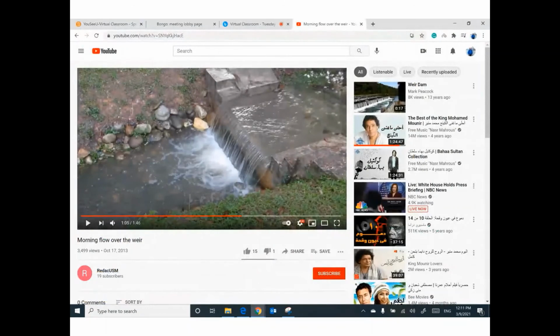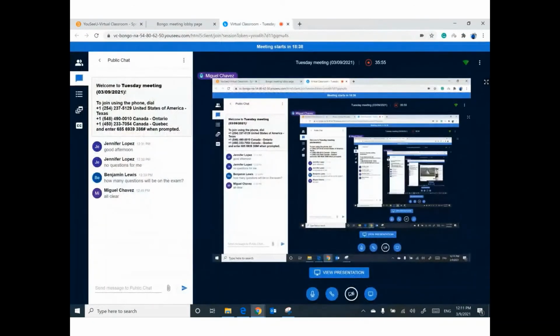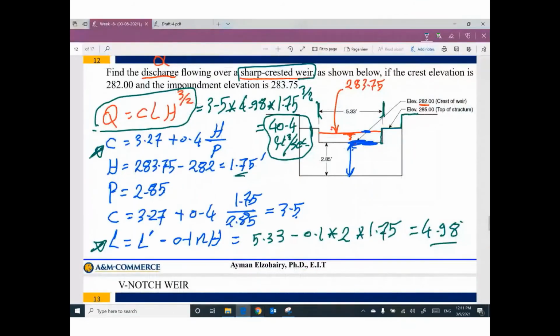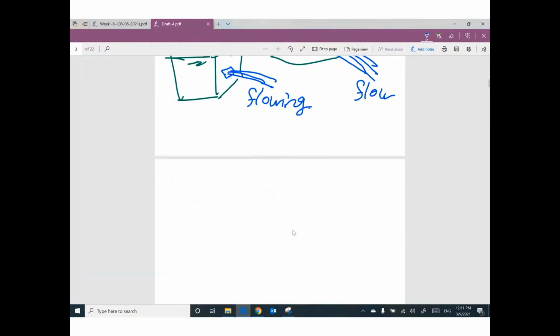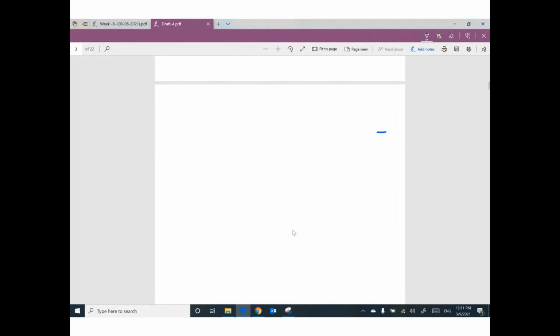Can you show what N is again? The contractions you said? Okay. To construct this weir, we will do these steps. One contraction, another contraction, and then here is the weir.